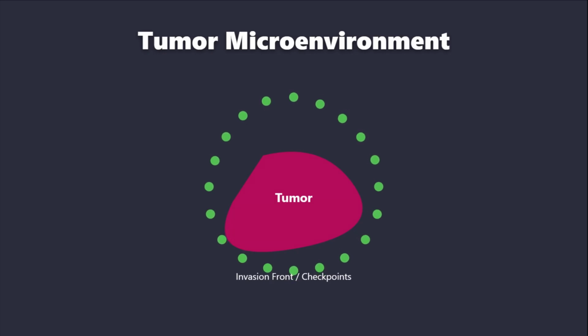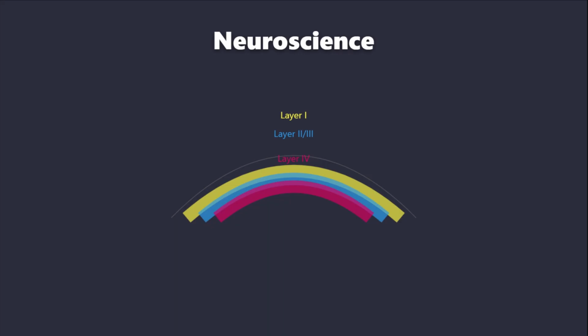In neuroscience, spatial transcriptomics enables the high-resolution mapping of gene expression across highly structured tissues like the brain. It successfully resolves the molecular differences between distinct cortical layers, hippocampal subfields, and specific nuclei, thereby providing a comprehensive molecular atlas of neuronal circuitry.